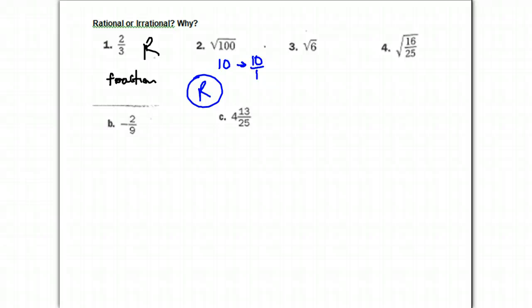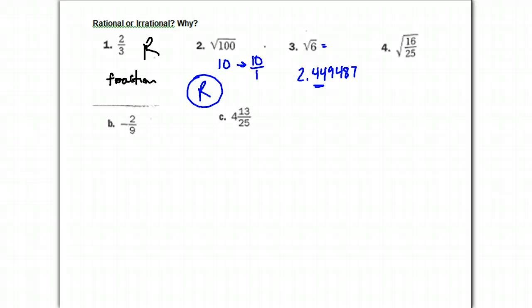The square root of 6, if we type that into our calculator, we can see what that is, but the square root of 6 isn't a perfect square. If you type that in, you get 2.44948, and it keeps going. And notice we had some decimals that were repeated. You see the 4 multiple times, but there's no pattern.